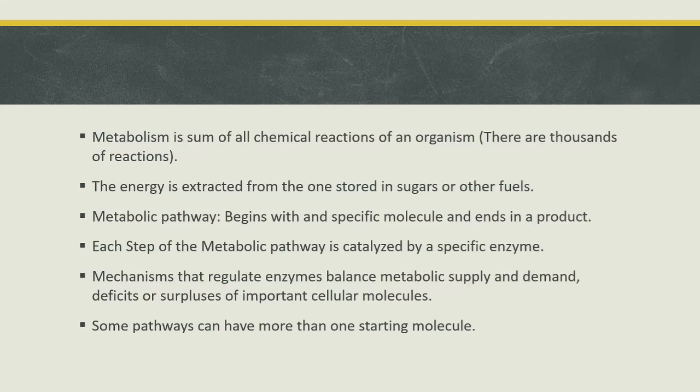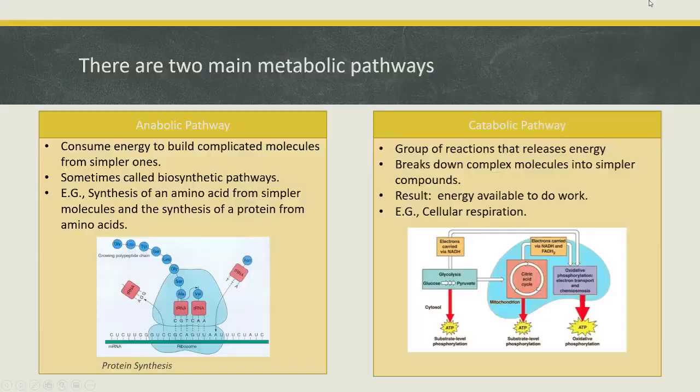They can be specific and they can control one reaction. So it helps a lot with supply and demand, as you can see in the next bullet point. Controlling the enzyme can help us control the metabolic supply and demand. And finally, some pathways can have more than one starting molecule. This is also something you should be familiar with.